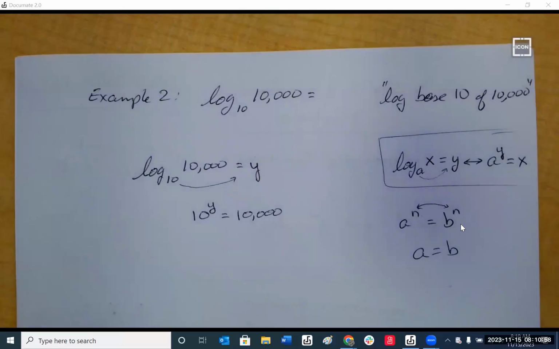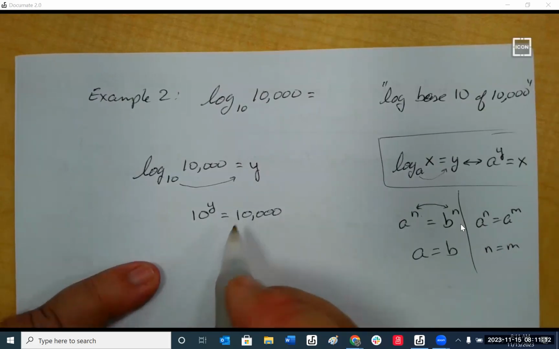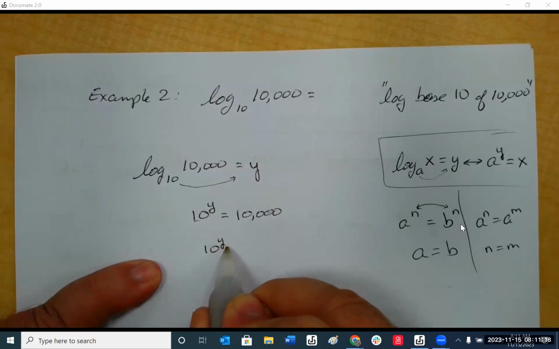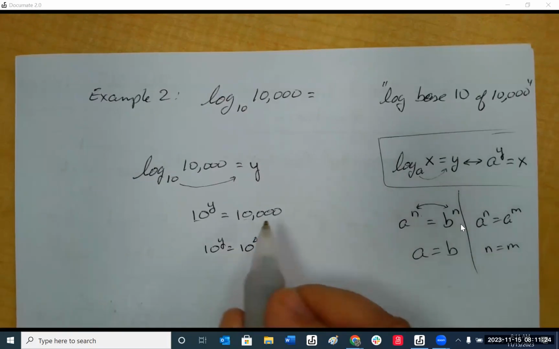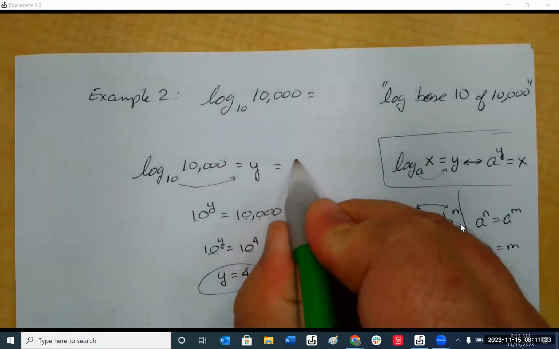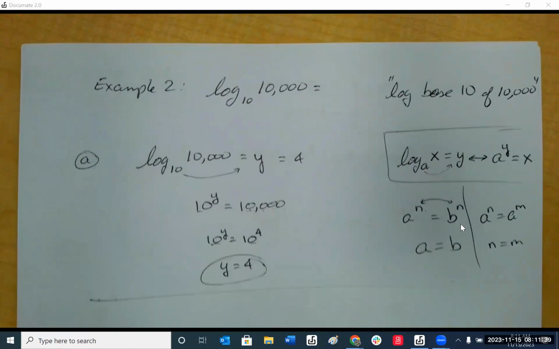There's also another property that says if the bases are the same and the values are equal, then the exponents have to be the same. So what we have to do is try to get the same bases. 10,000 is 10 to the power of 4 because it has 4 zeros. Since the bases are the same, we know that this answer equals 4. So that's A.